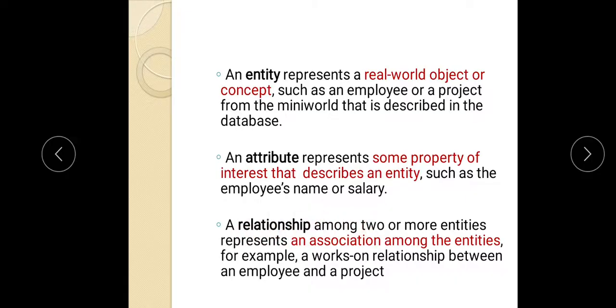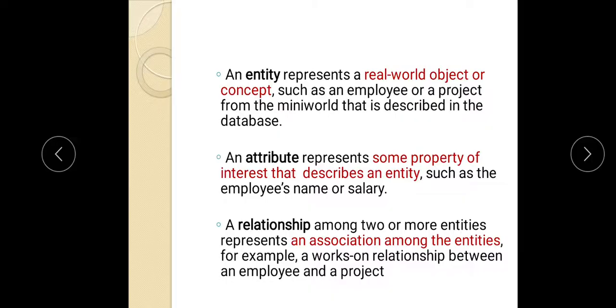Now relationship. A relationship exists between two tables. A relationship can exist if more than one table exists. A relationship among two or more entities or tables represents an association among the entities. So a relationship is nothing but the association or connection between two entities or tables. For example, a works on relationship between an employee and a project.